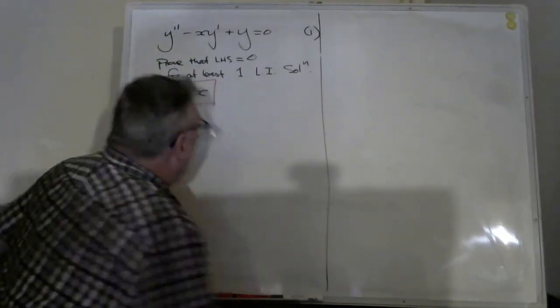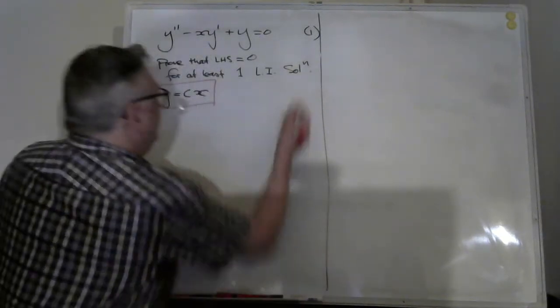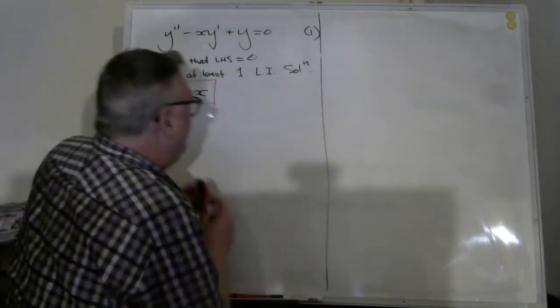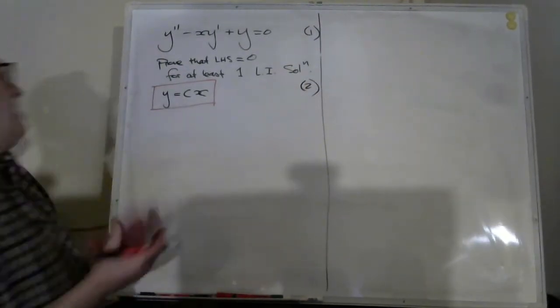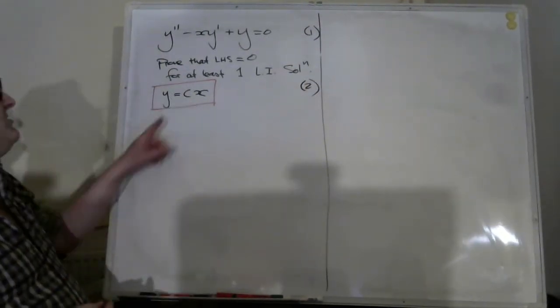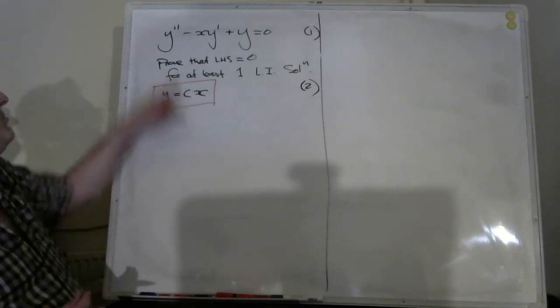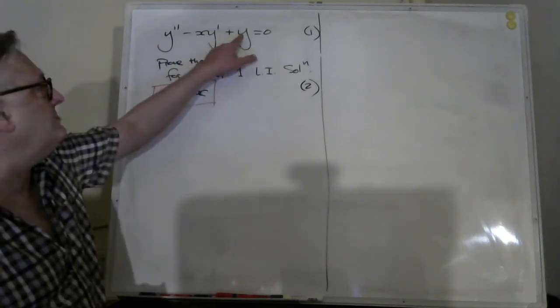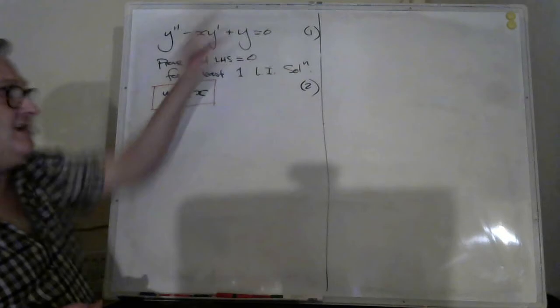So hopefully you've got that down. There we are, so we'll call this equation 2. Right, okay, so we've got our first linearly independent solution. We know that that and all its derivatives, when substituted back into equation 1, does indeed equal 0 on the right-hand side.